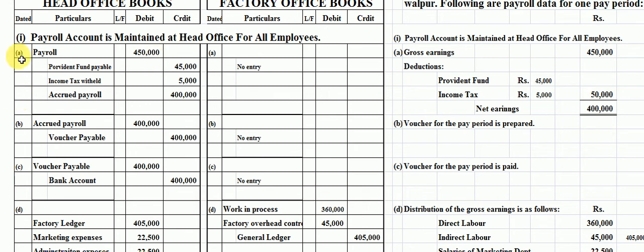This is the part A. The payroll is debited at the gross amount, which is 4,50,000 rupees here.